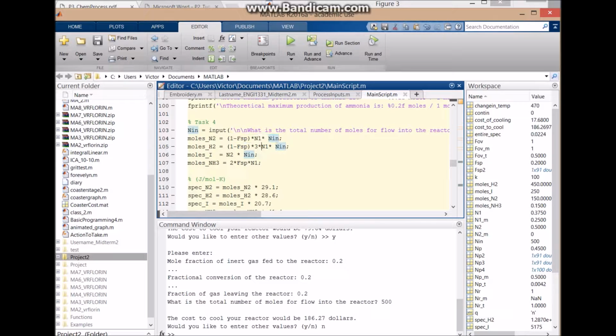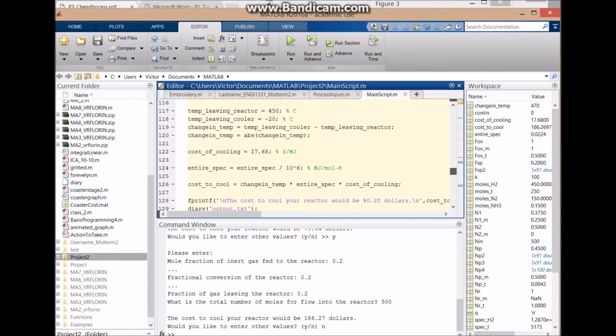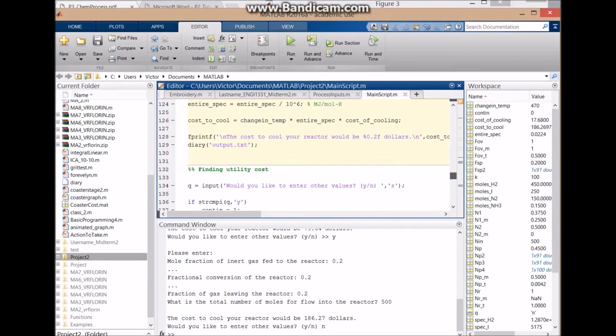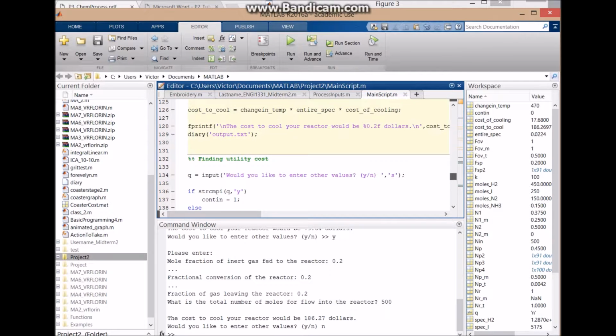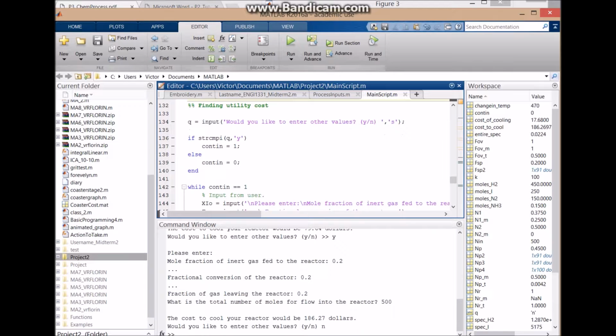Now that brings us to a limitation of the script: it's hard-coded, so you can't really use this on other reactions. You'd have to hard-code another one.